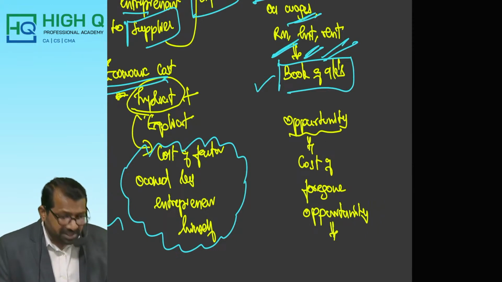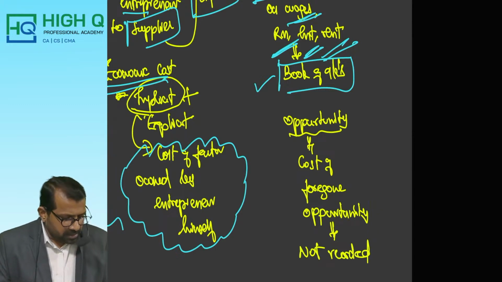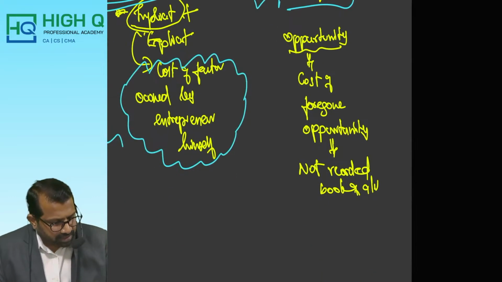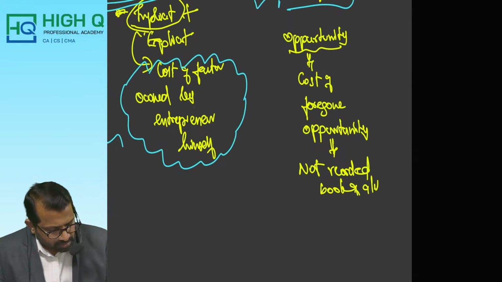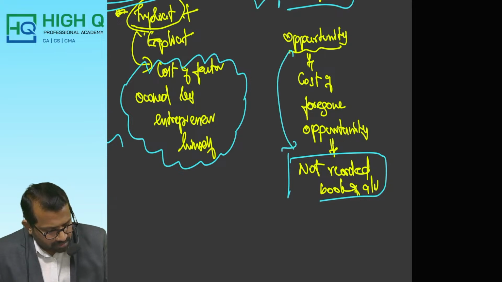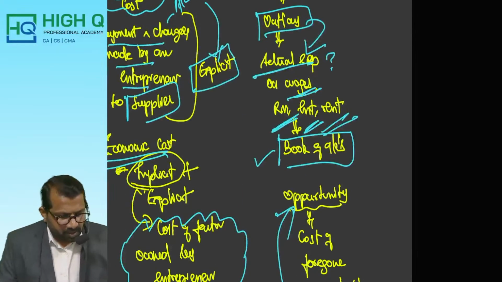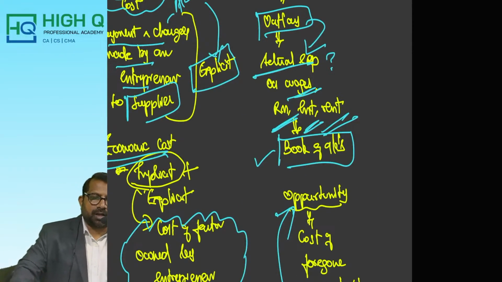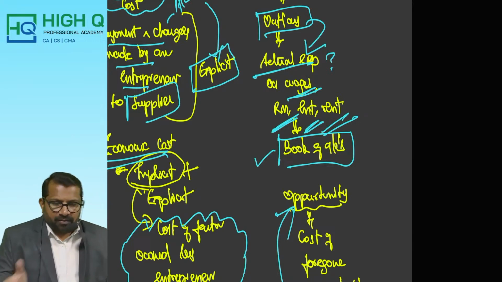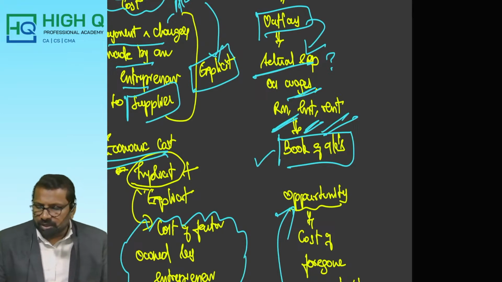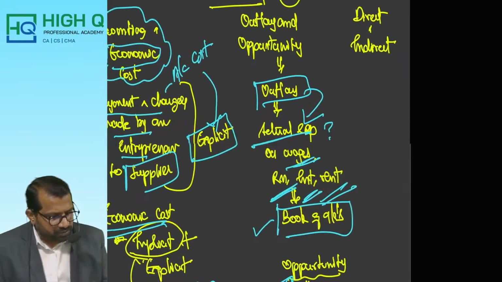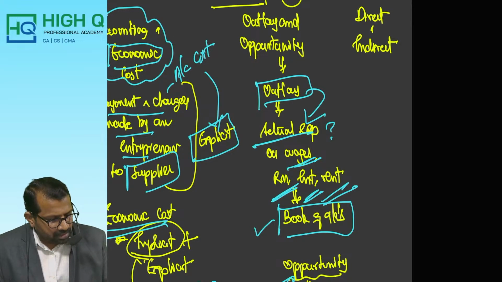But these types of opportunity cost are not recorded in books of accounts. Here you can expect the question: which cost will be recorded in the books of accounts? Only outlay cost is recorded, whereas opportunity cost is not recorded in the books of accounts.